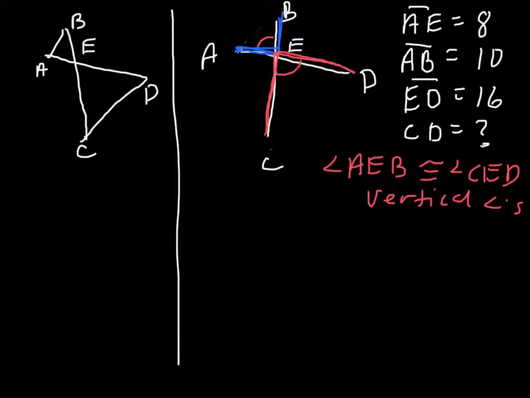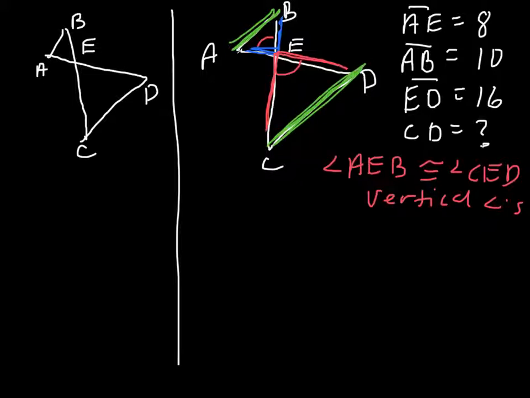Now, if we go back and I erase this right here and I put my original triangles back up there, then I have two lines that are parallel. I have this line here is parallel with this line here.